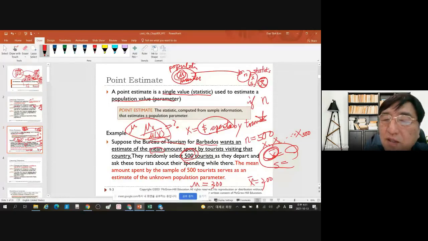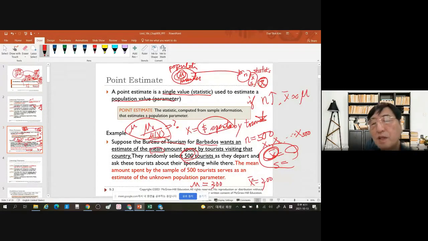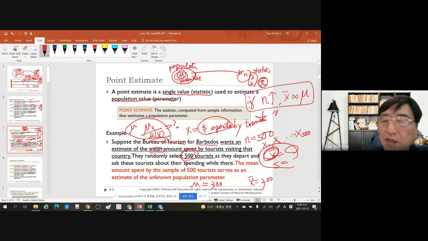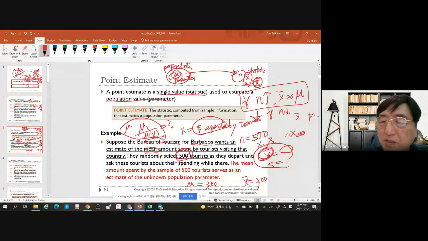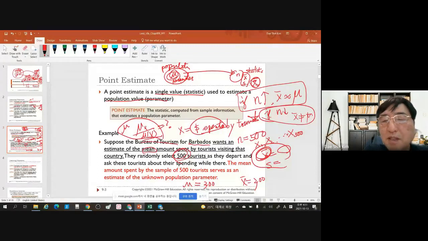If n is very large, then x bar will be close to mu. When the sample size is very large, the sample mean can be used as a single estimate of the population mean. But if n is small, x bar and mu may not be close, so we cannot use the point estimate. A point estimate is reliable only if the sample size is big enough.